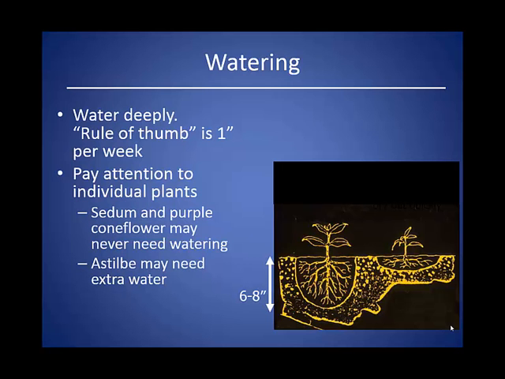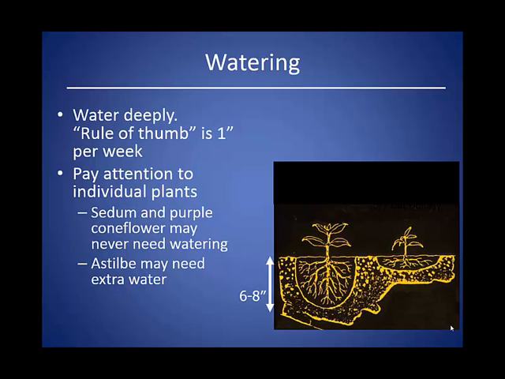As far as routine care goes, you hear this a lot. You had vegetables last week, so I'm sure you already heard the rule of thumb is an inch of water per week in general. I already mentioned, individual plant water requirements vary, so pay attention to that. You want to water, and hopefully they talked about this in vegetables too, you want to water less frequently and more deeply than you do frequently and shallowly.